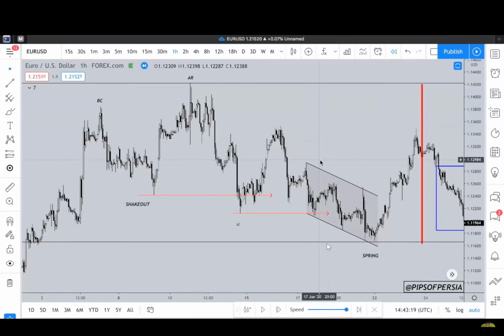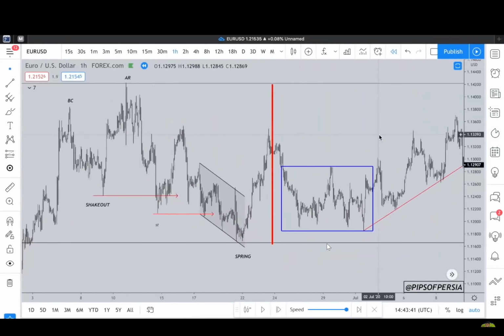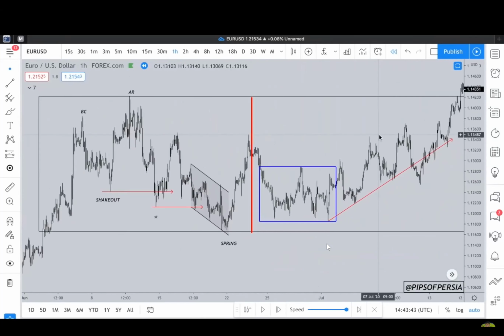We can actually take the risk and enter based on other confirmations, which I will speak about a little bit later on. But if we want to be a little bit more careful with the trade, this is where we would have an idea that we can potentially be looking at this as a reaccumulation, but we want to see further confirmations. And it's what happens after, in my personal opinion, that would further confirm this reaccumulation.